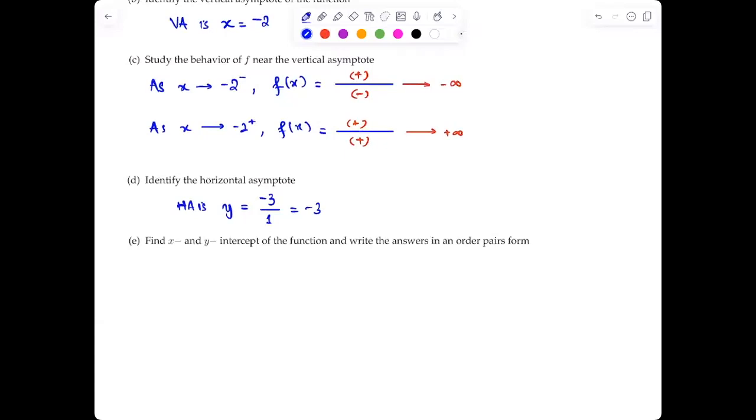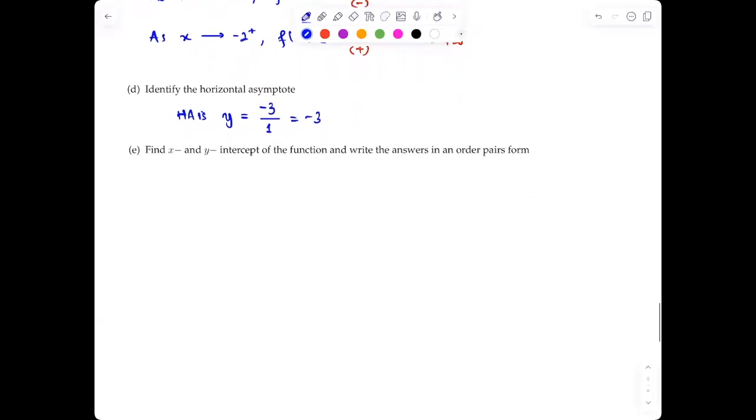For E, you find x and y intercepts. So for x intercept, you have y equal to 0 when you set the function -3x plus 4 over x plus 2 equal to 0.